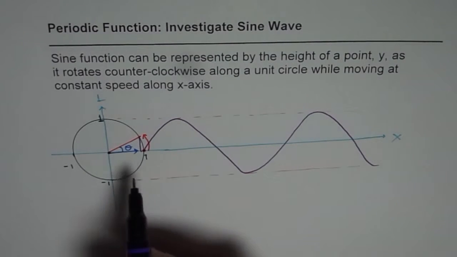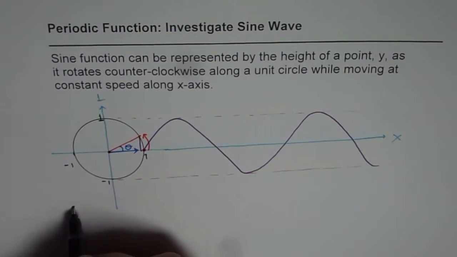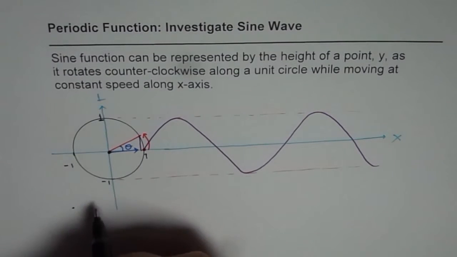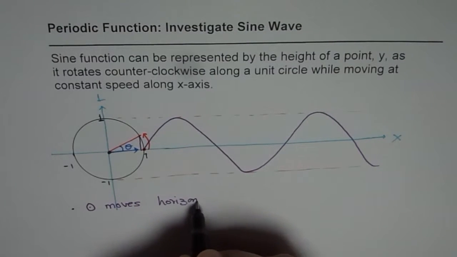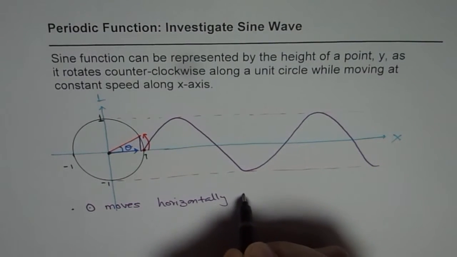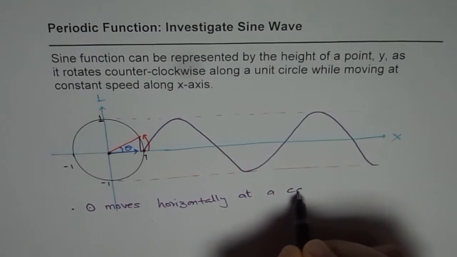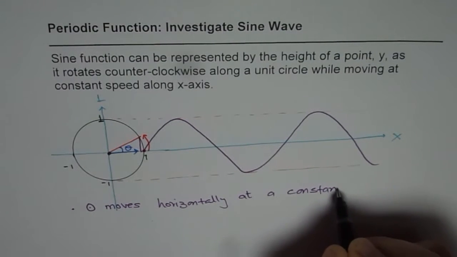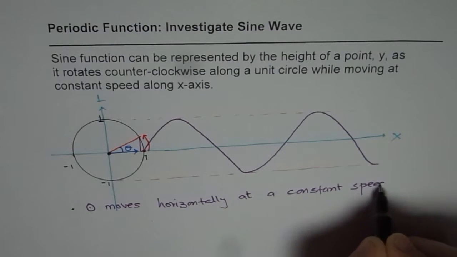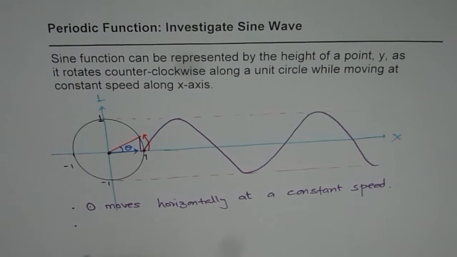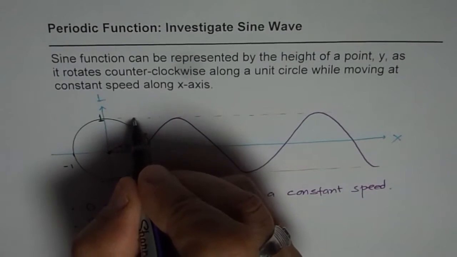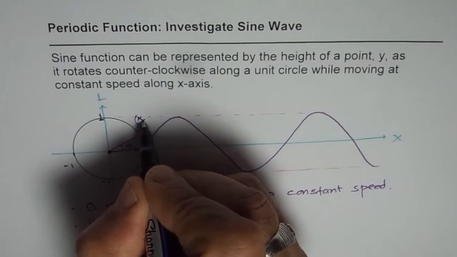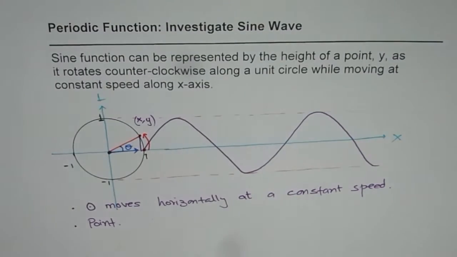So here we have a couple of things going on. One, the center of the circle moves horizontally at a constant speed. Second, we have a point. Let me call this point's position x and y at any given instance.